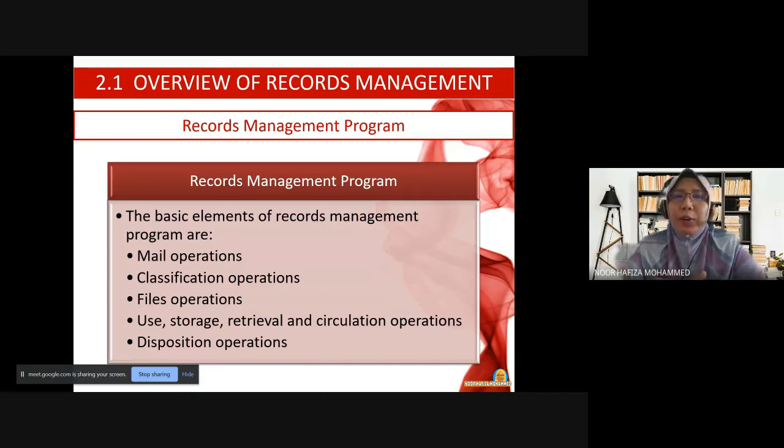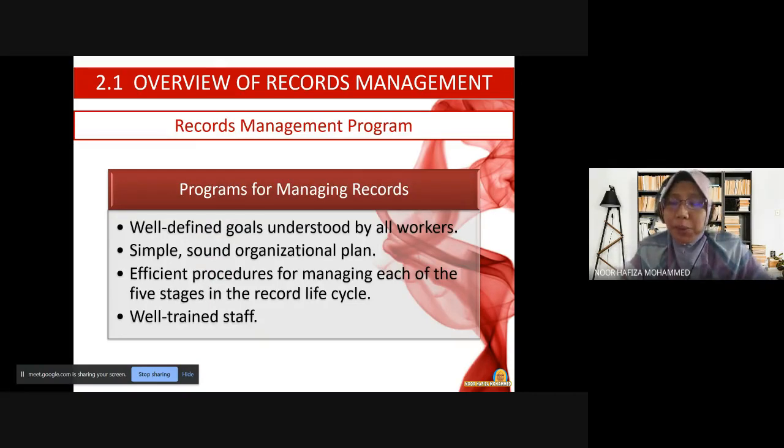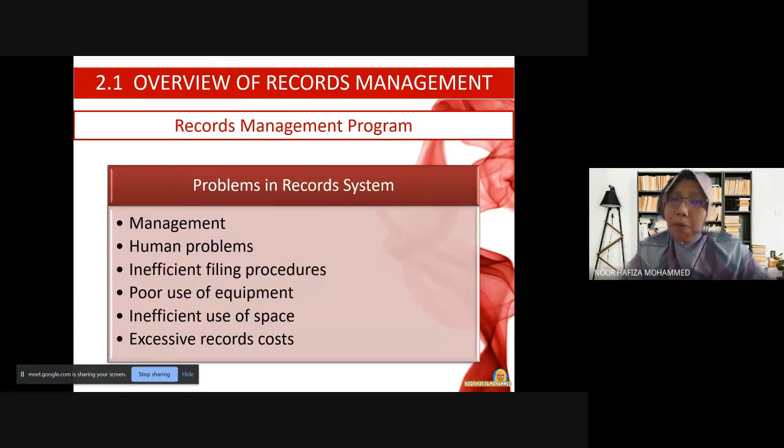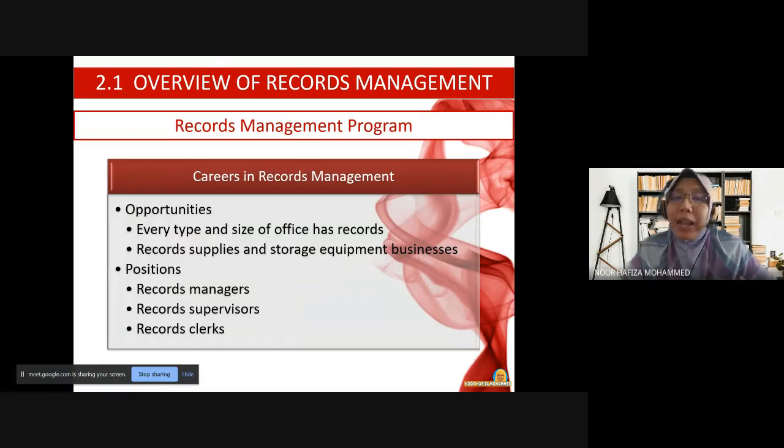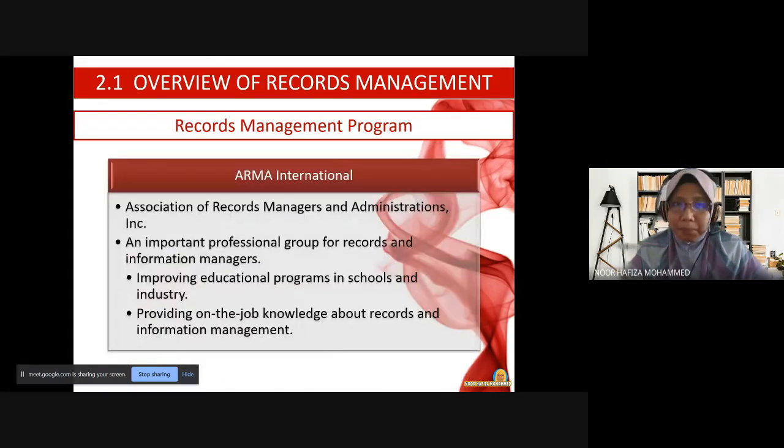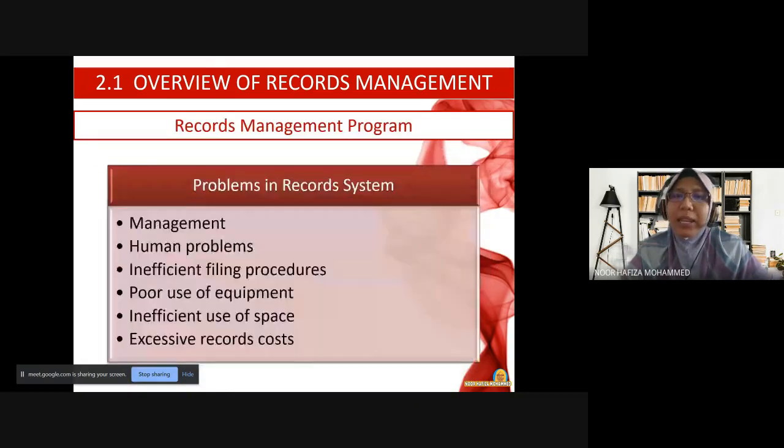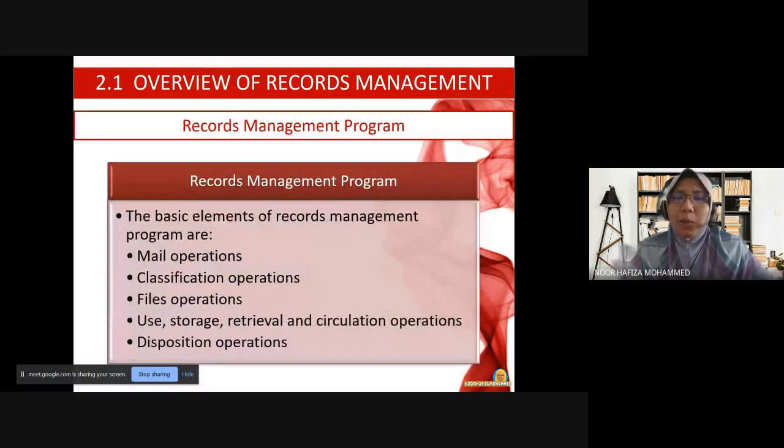Okay, so we are going to proceed to the records management program. In the records management program, you need to know the basic elements of records management, the programs for managing records, the problems in record systems, the carriers in record management, and ARMA International. These are what we are going to learn. The first one: what are the basic elements of a records management program?